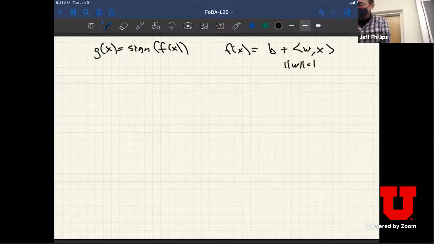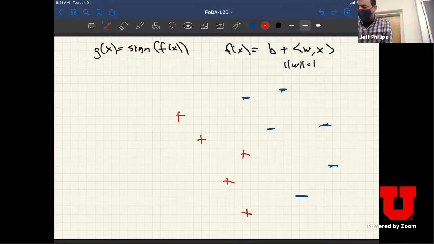So what is the interpretation of what is going on here? We're going to have some data points, and what's common is you draw them like this: these are the data points labeled -1, and there are other data points labeled +1 here.